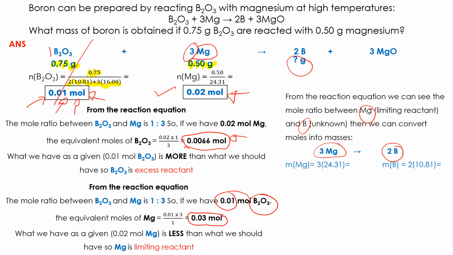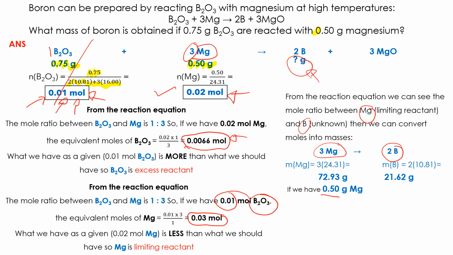Now we would like to convert these moles into masses because we want to find the mass. The mass of magnesium will be the number of moles times molar mass, so it's 72.93, and the mass of boron is 21.62 grams. What if we have 0.5 grams of magnesium, which is given in the problem?